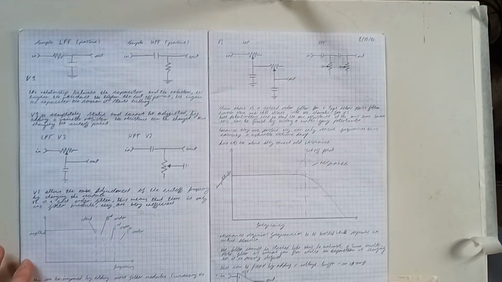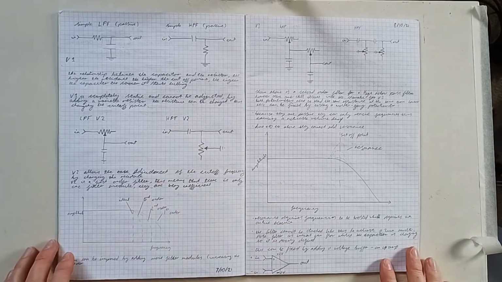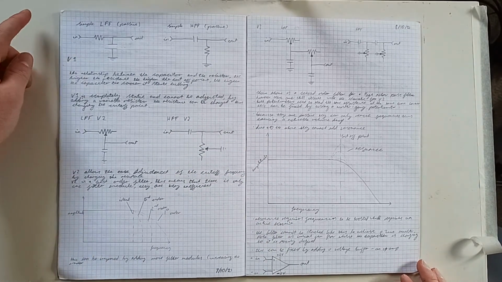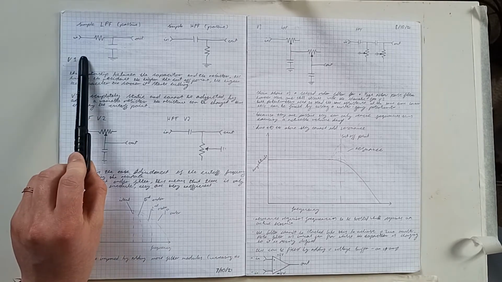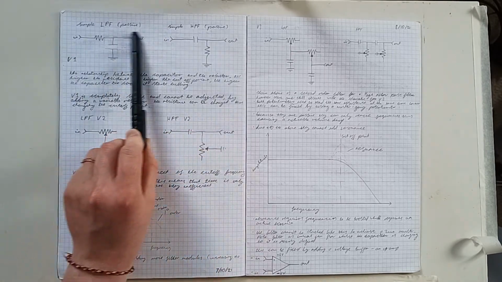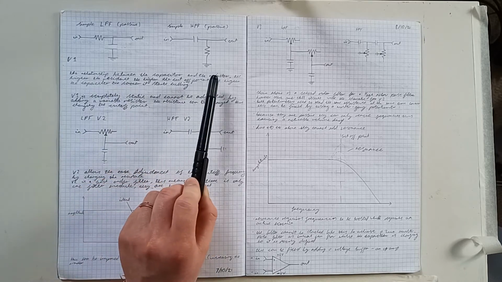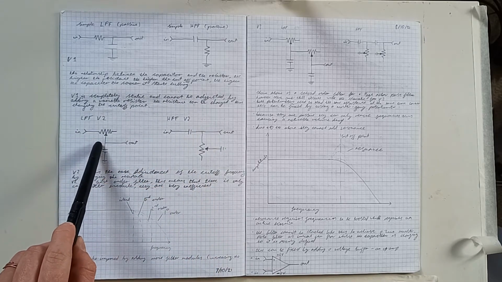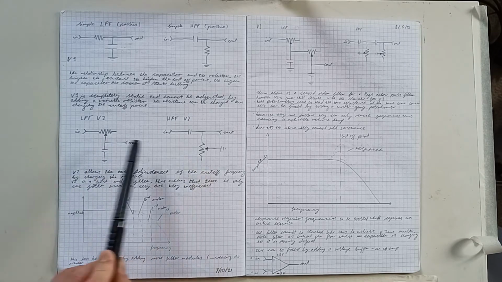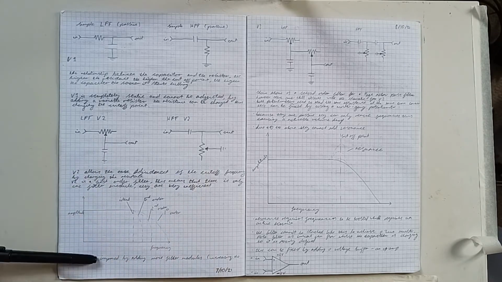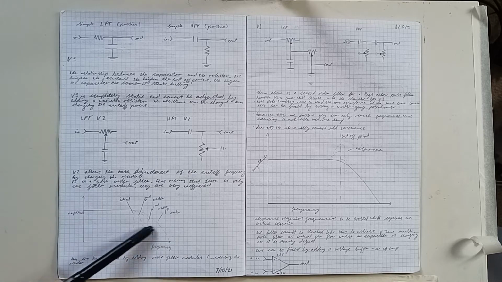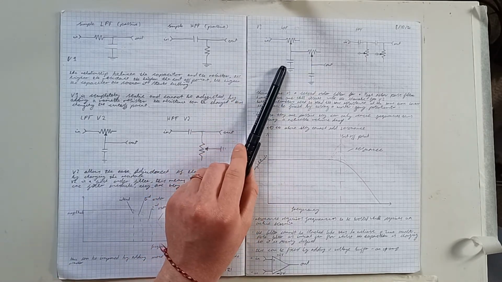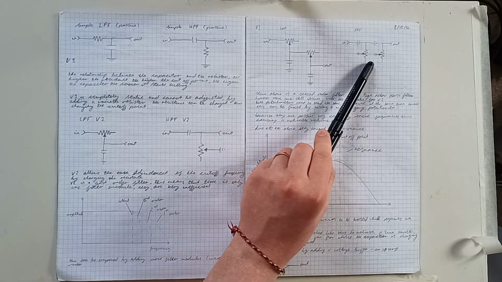So as you can see here, this is the research that I had over the first week of my project, and I have the simple passive filters, low pass and high pass. Then I have the simple variable filters using just rheostats, where I then studied different orders of the filters and then drew out the schematics for them over here.